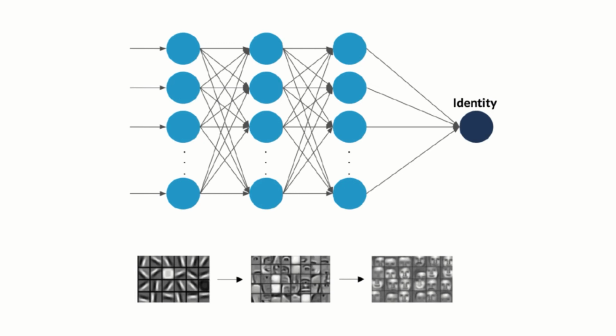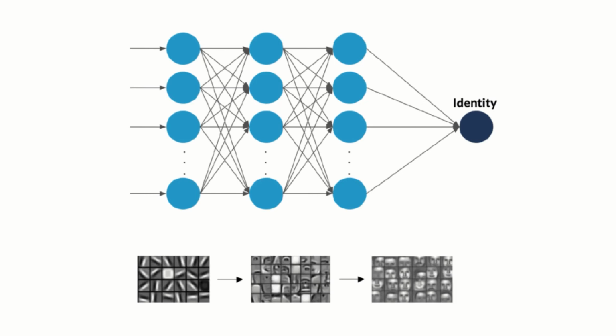Let's say, for example, there is facial recognition that you want to build. You provide the input, then the first hidden layer might only look at the corners or the edges of the image. Then the second layer might look at deeper features like the shape of the eyes, color of eyes, nose, structure of lips, cheeks, and so on.